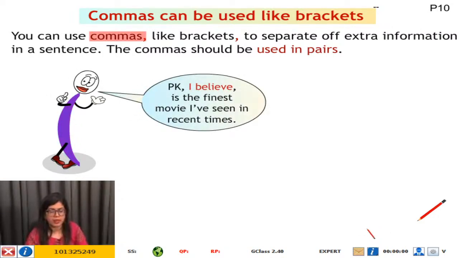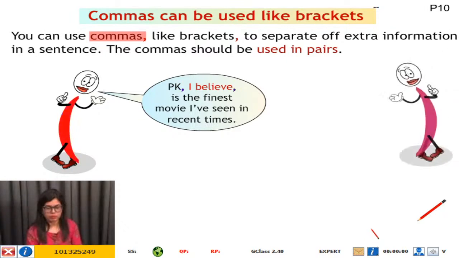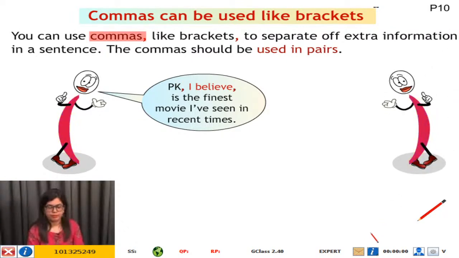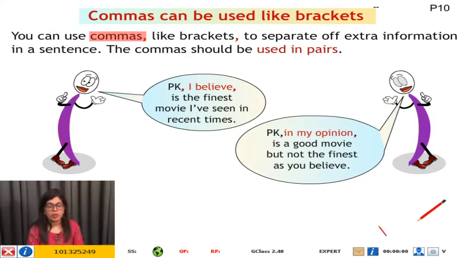PK, I believe, is the finest movie I have seen in recent times. So there is a comma that has been used here. PK, in my opinion, is a good movie, but not the finest as you believe.